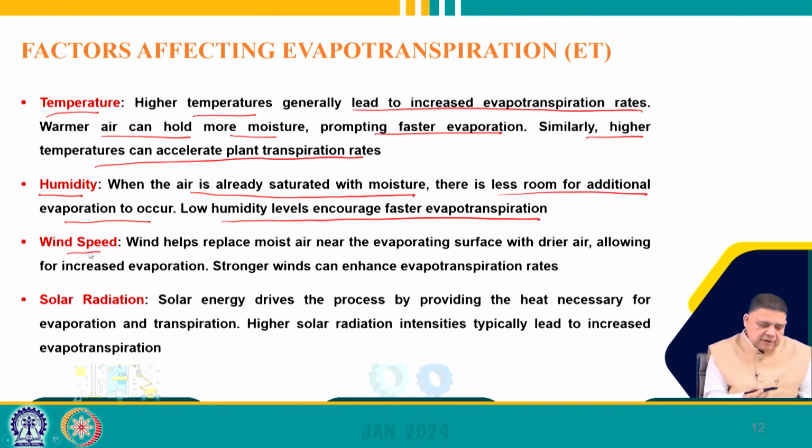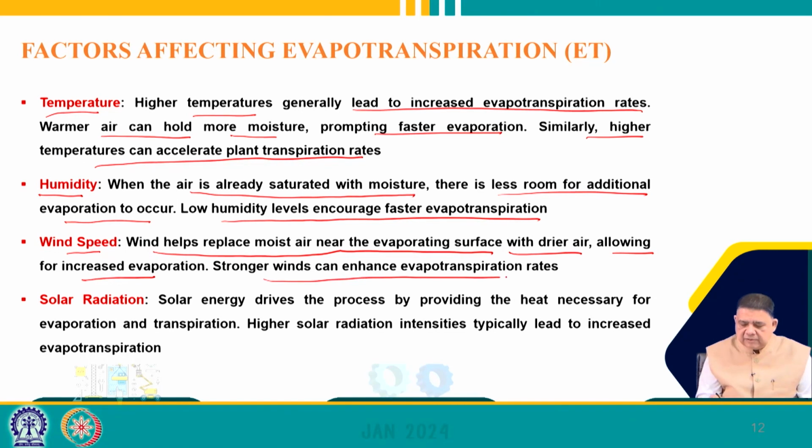Wind speed, we already know wind helps replace moist air near the evaporating surface with dry air, allowing for increased evaporation. So, if wind speed is high, evaporation is large, that we already saw, and stronger winds can enhance evapotranspiration rates. So, obviously, when evaporation is more, evapotranspiration will be more.